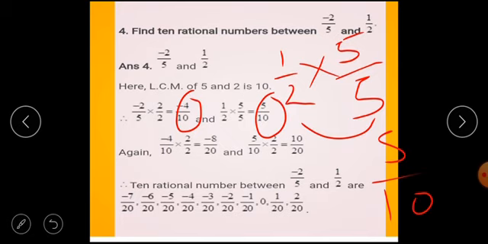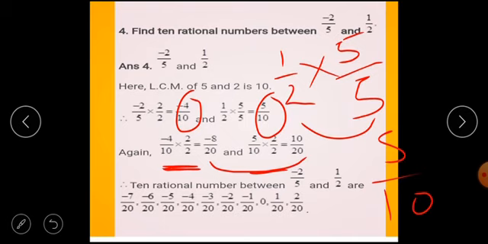But we have to find 10 rational numbers, and between minus 4 and 5 there are not enough. So again I am going to multiply and divide minus 4 by 10 by 2 and 5 by 10 by 2 to make the denominator 20, and we can get a larger range.